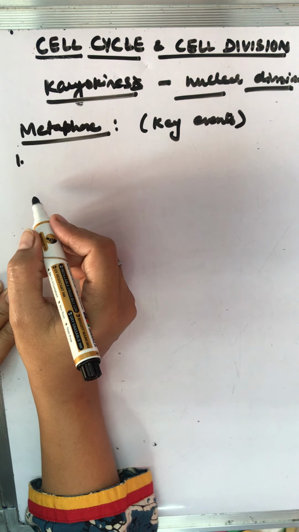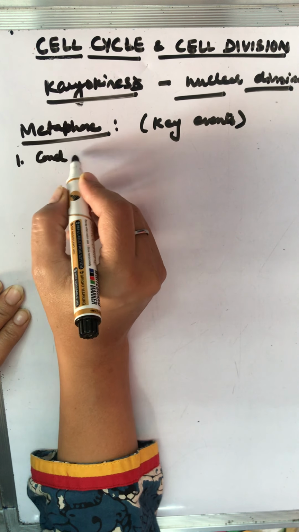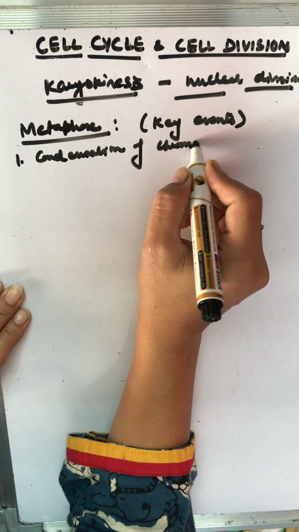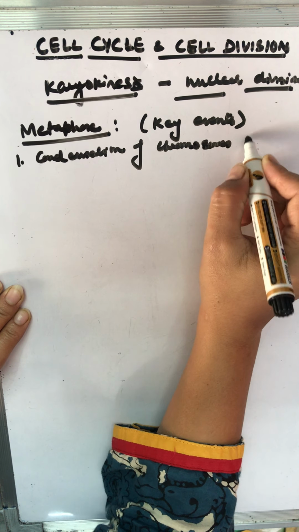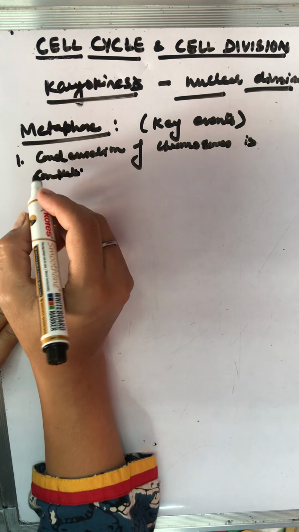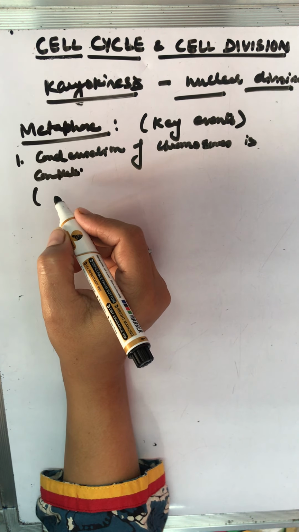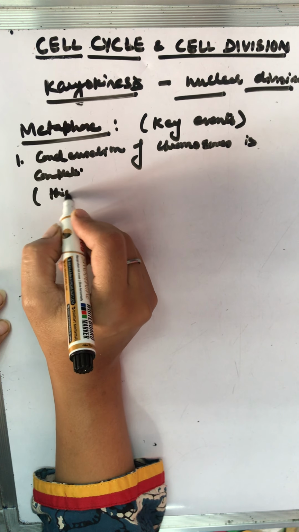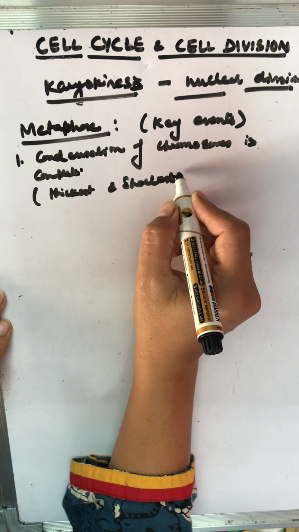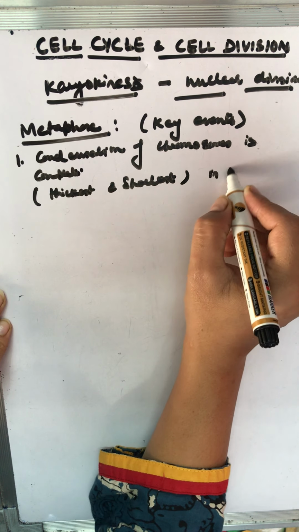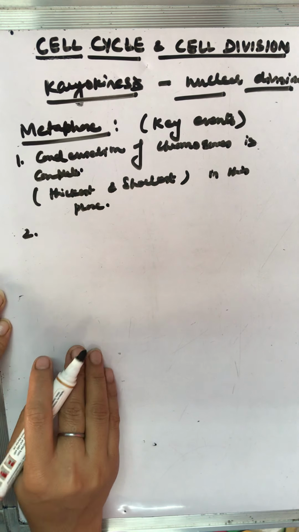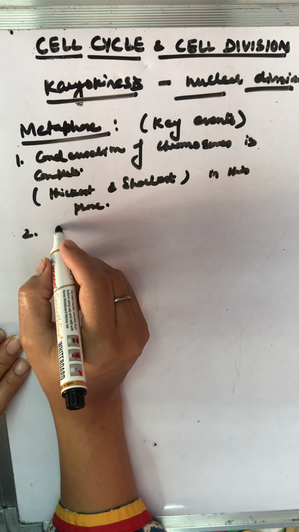Metaphase: condensation of chromosomes is complete. So what does it mean? They are the thickest and shortest in this phase. Right? Second point, the spindle formation.